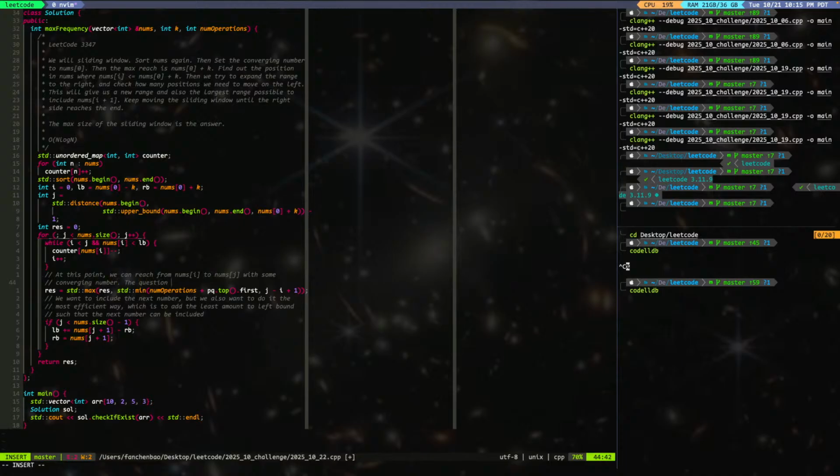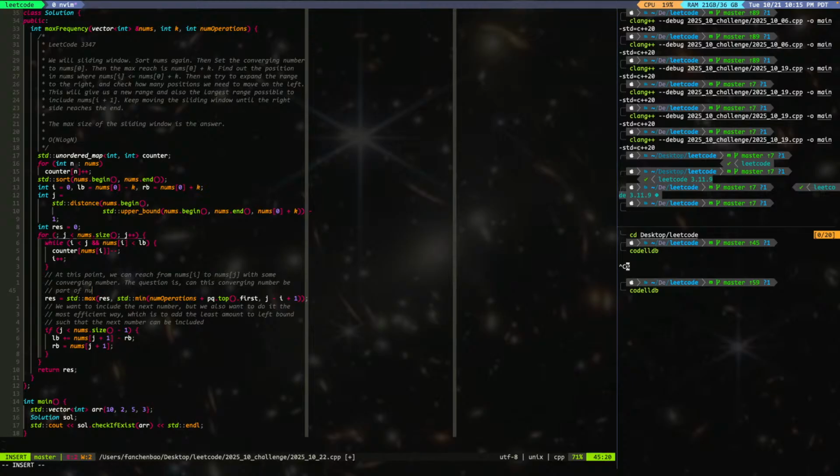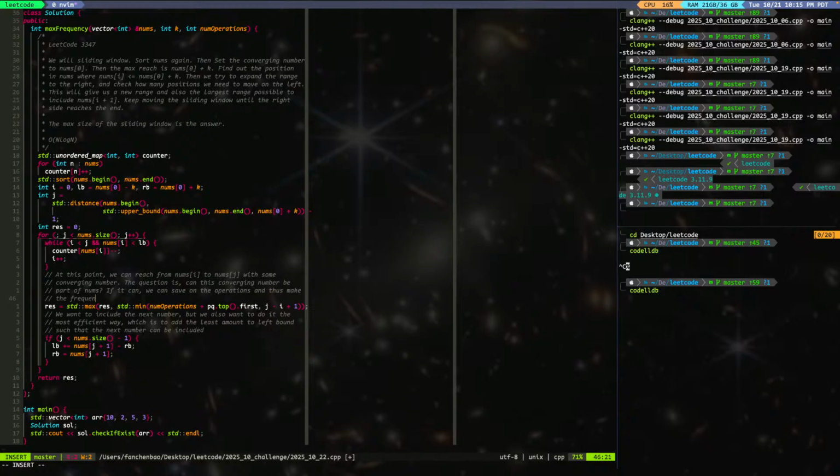The question is, can this convergent number be part of nums? If it can, we can save on the operations, and thus make the frequency even bigger.